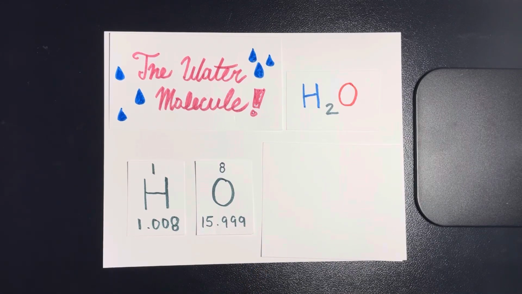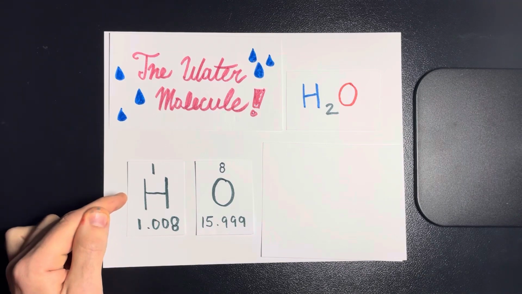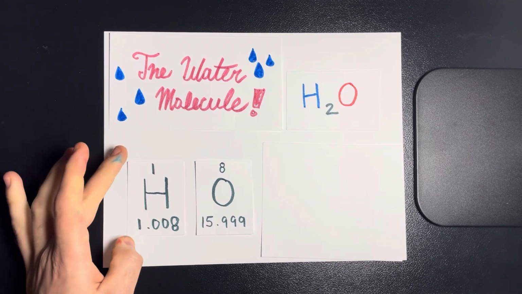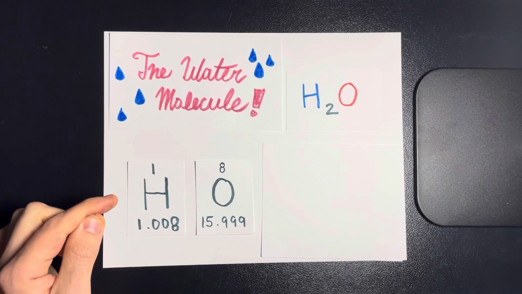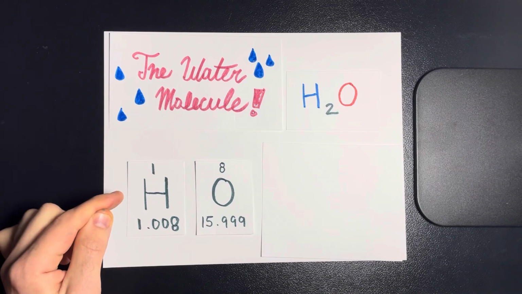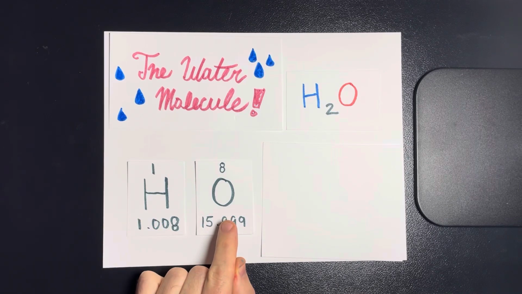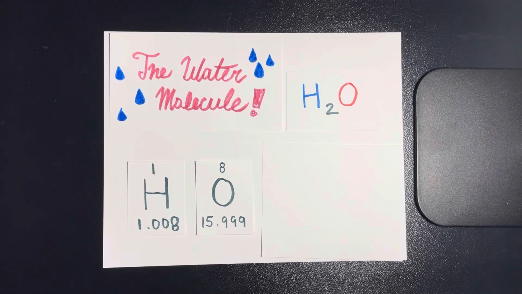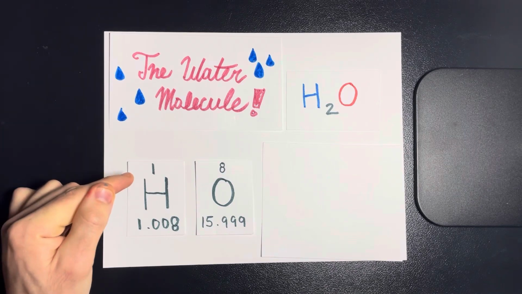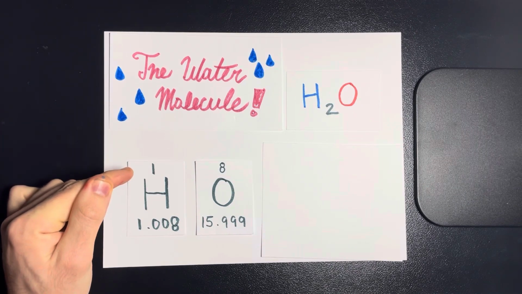Now let's talk about what this means. So the letter in the box here is what is called the chemical symbol. So H would be the chemical symbol for hydrogen, and the O will be the chemical symbol for oxygen. Okay, great. The next thing I want to draw your attention to is the number above the chemical symbol.